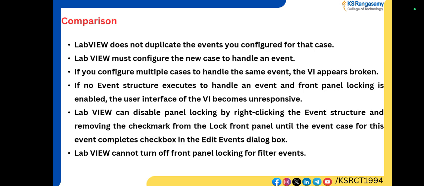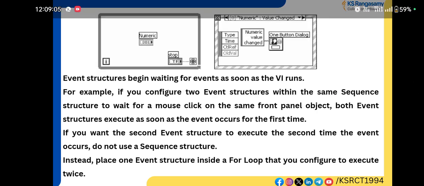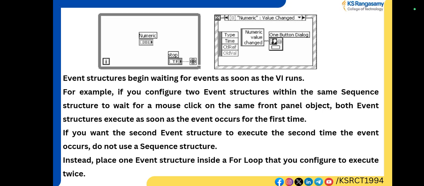LabVIEW can generate events even when no event structure is waiting to handle them, because the event structure handles only one event each time it executes. Place the event structure in a while loop that terminates when the VI is no longer interested in events, to ensure that an event structure handles all events that occur.